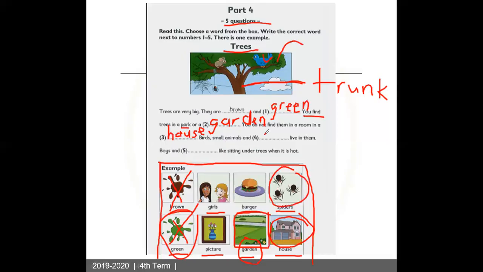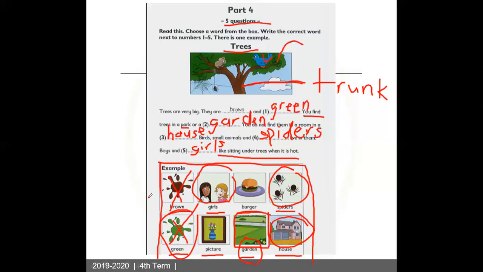Yeah, there are some spiders that live on a tree. So you say spiders, right? You just need to write spiders. Okay, boys and, right, it's correct. So all you need to do is boys and girls like sitting under the trees when it's hot.